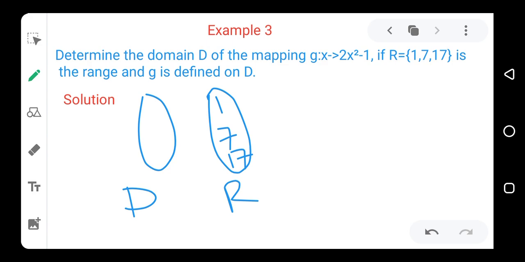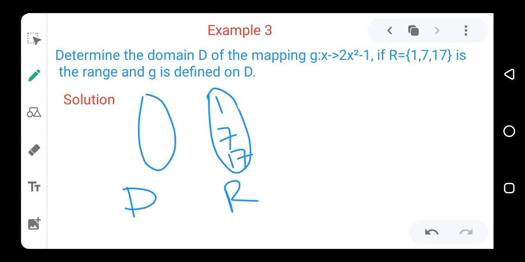Now the relationship is G. Remember that a function can be denoted with anything. We can have it as A, F, G, anything you like. It's not a must that you use F to represent the function.